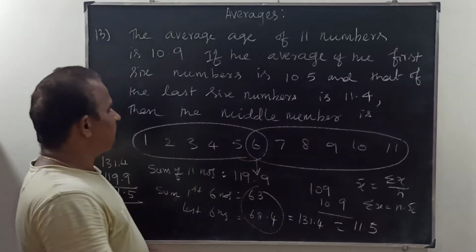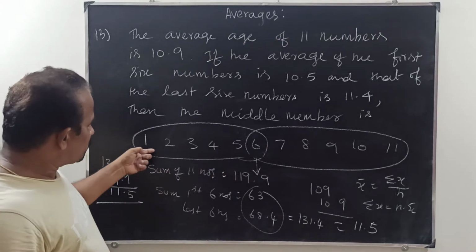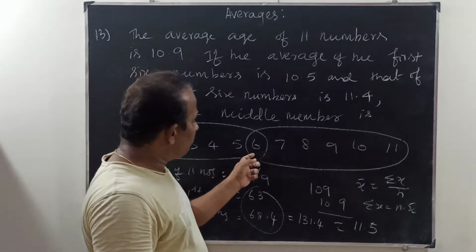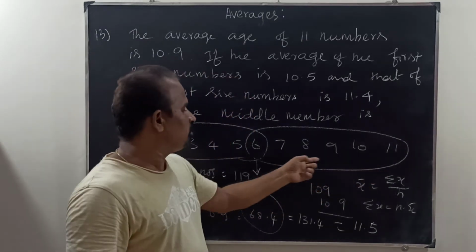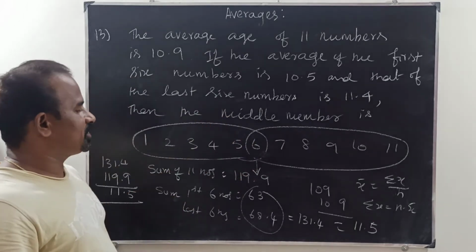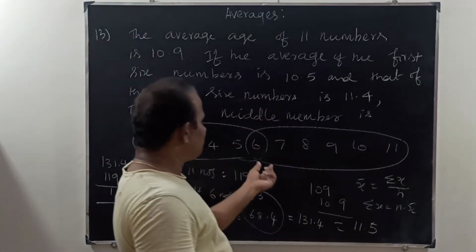When we add these 6, the sixth number is there, and when we add the other observations, again the sixth comes. Therefore this middle term repeats, so the 11.5 is nothing but that middle term.